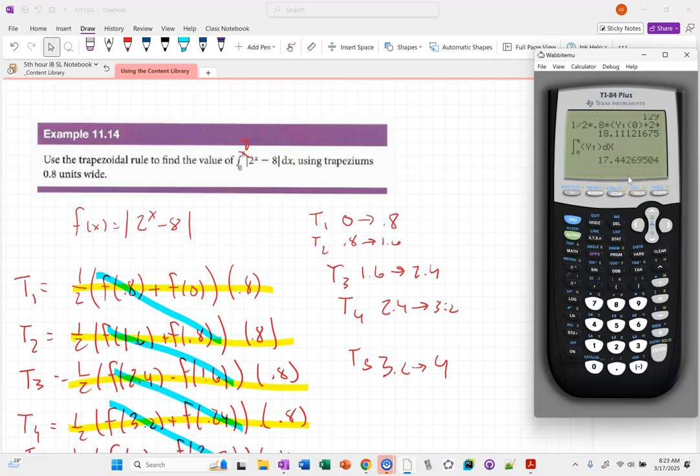The exact answer there is 7.4-ish. We got 18.1 for our approximation. So we have a bit of an overestimate, which is fine. It's an approximation, so it's not going to be exact.